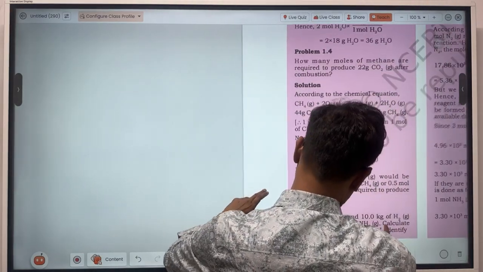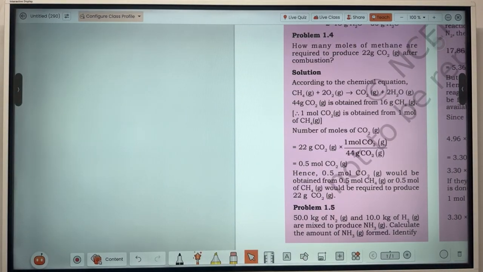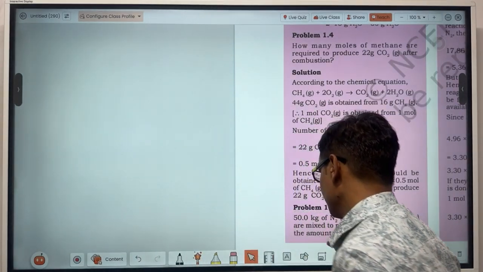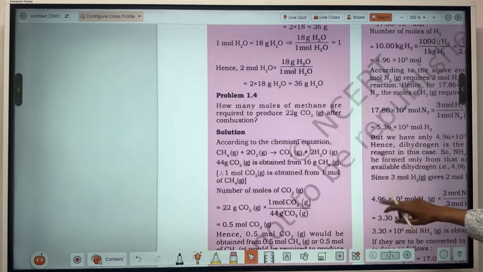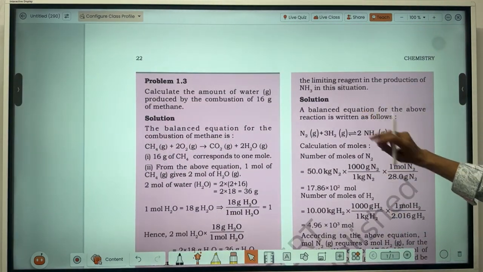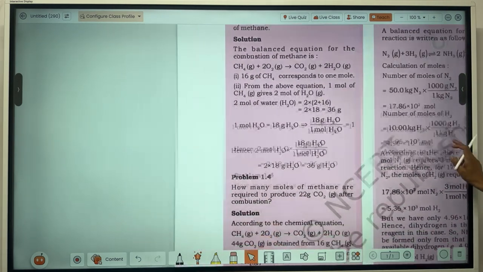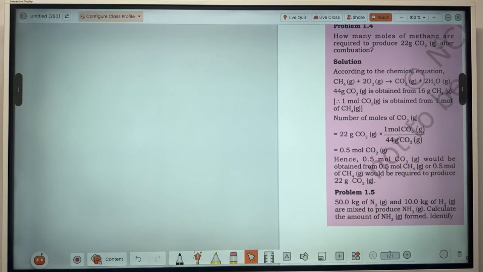In the question, 50 kg of nitrogen reacts with 10 kg of hydrogen and there is formation of ammonia. You have to calculate how much ammonia will form, and what the limiting reagent will be.